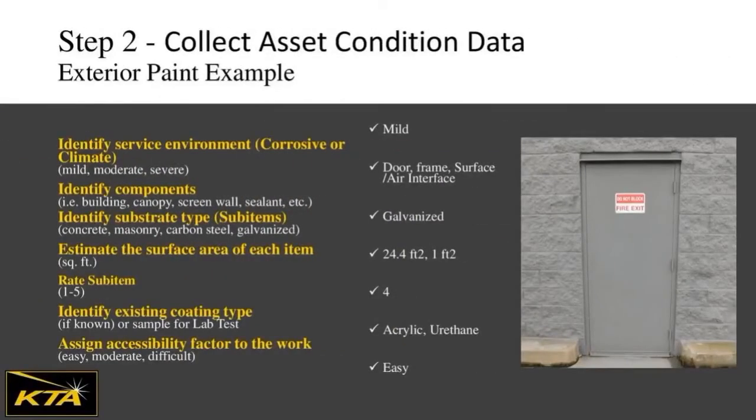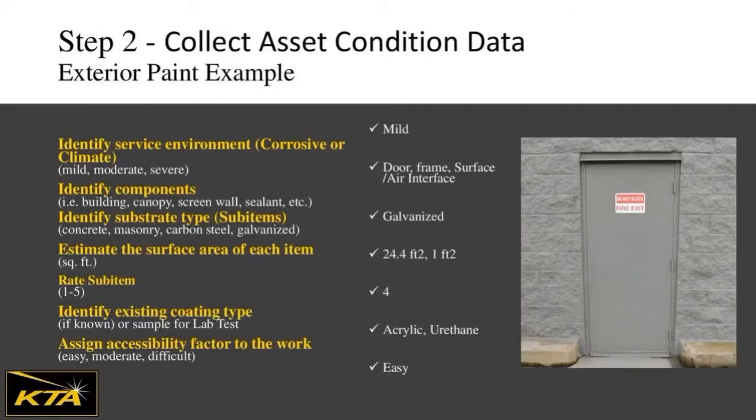So, an example of exterior paint. We've got a simple example here of a door. We may want to identify the service environment. The service environment could be a corrosive environment, or it could be the climatic environment. The coatings could obviously perform differently in those environments.